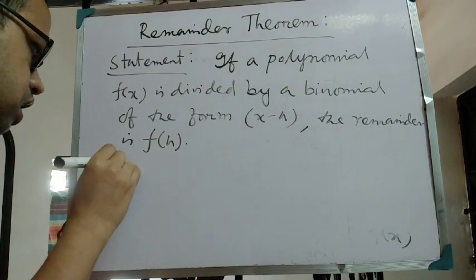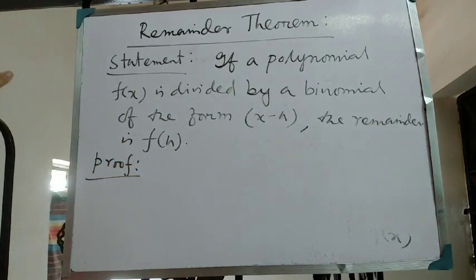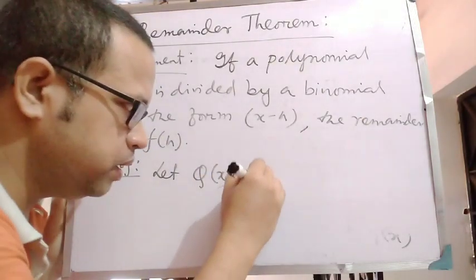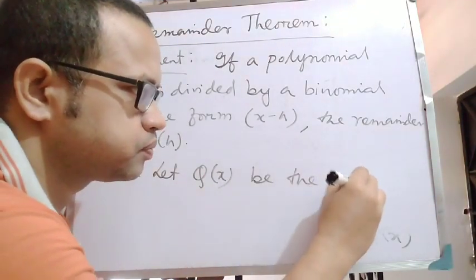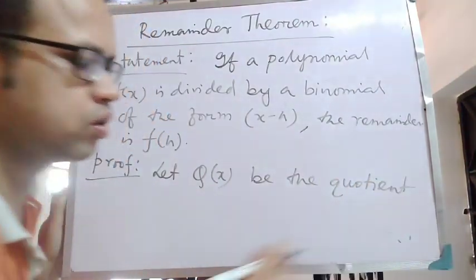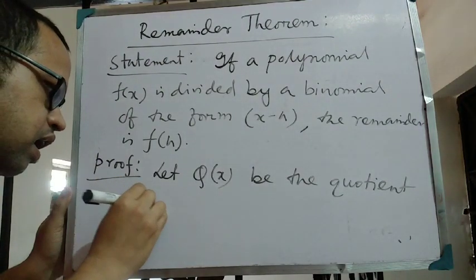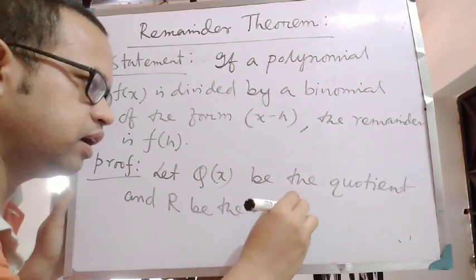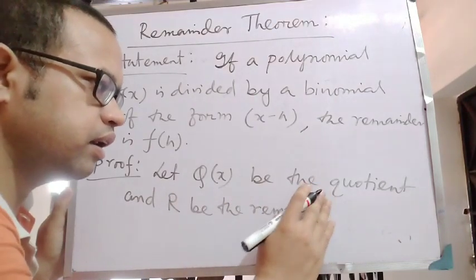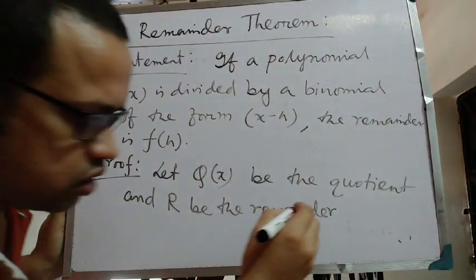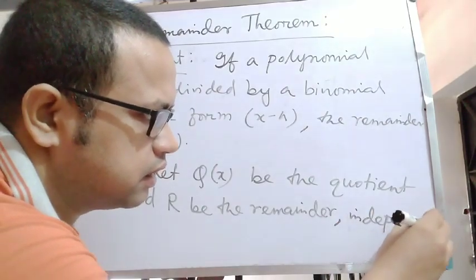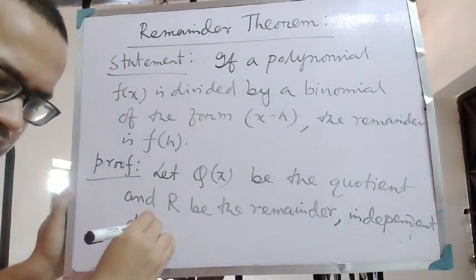Now I am going to discuss how you can prove that. Let q(x) be the quotient and r be the remainder, independent of x.